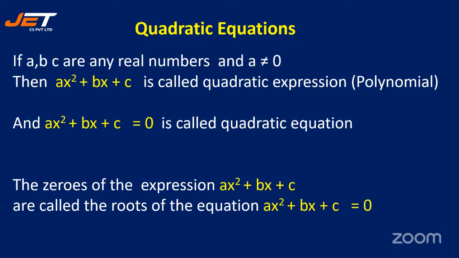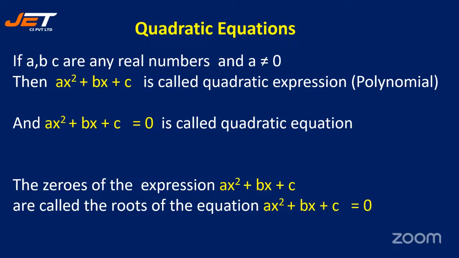Here, if a, b, c are any real numbers and a is not equal to 0, then ax squared plus bx plus c is called a quadratic expression. That is the polynomial. And ax squared plus bx plus c is equal to 0 is called the quadratic equation.